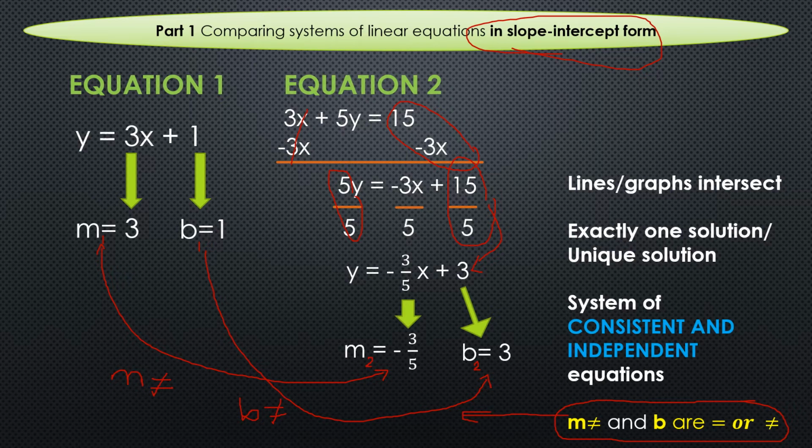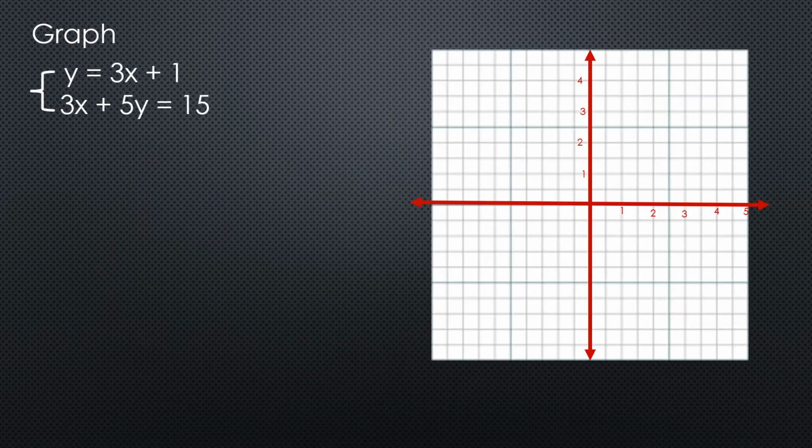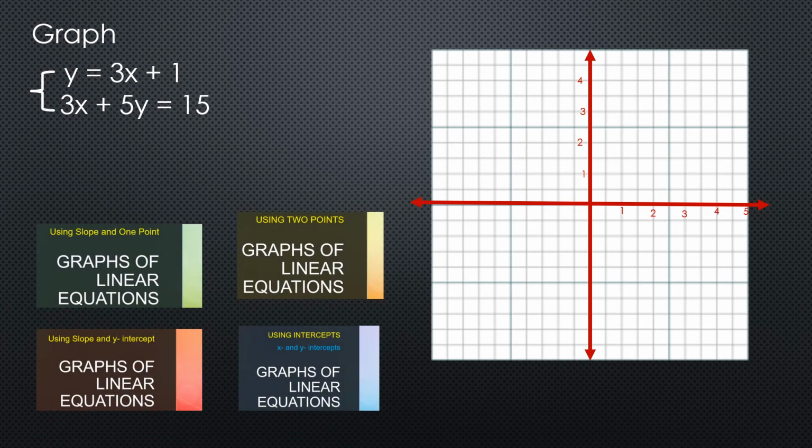So if we're going to graph this, if you want to know the graphing, go back to our lessons on graphs of linear equations. I would recommend using the slope and y-intercept, or using intercepts if you want to graph our systems of linear equations.